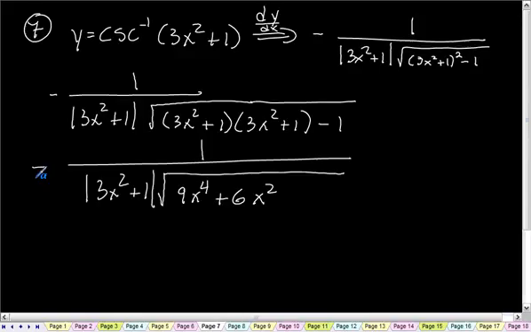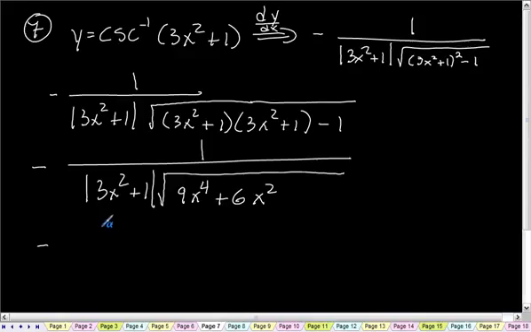Now, if you didn't follow exactly how I simplified from here to here, due to the distributive property, you'll get these numbers and you'll get a 1 on the outside, and 1 minus 1 is 0. I just simplified quick, but you would have to go through and simplify it yourself. If you have questions, just let me know. Simplifying the bottom, I'm going to see if I can simplify it.